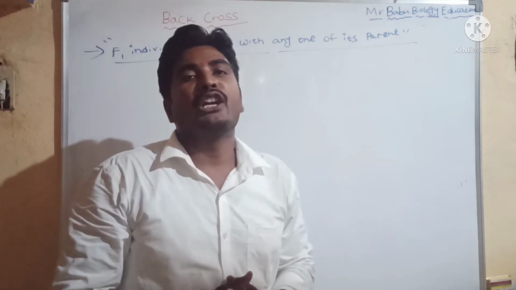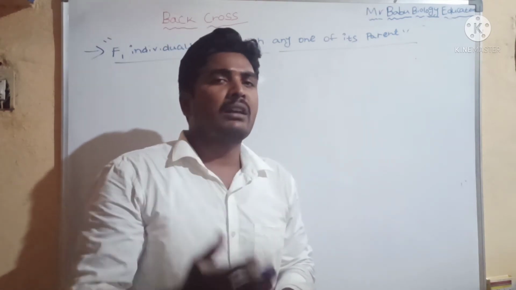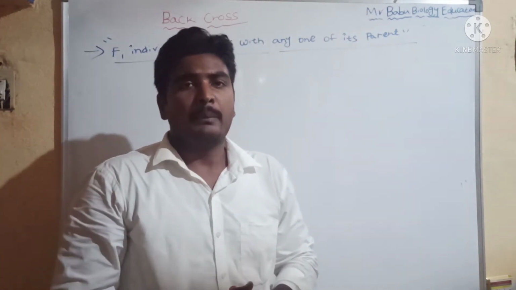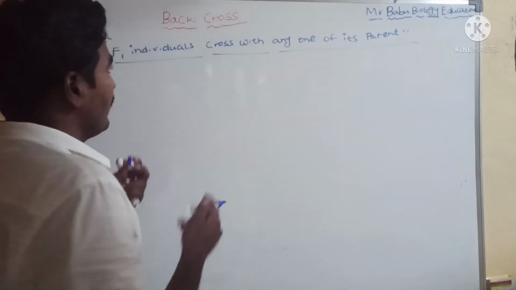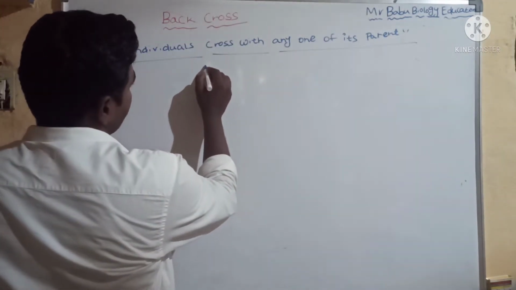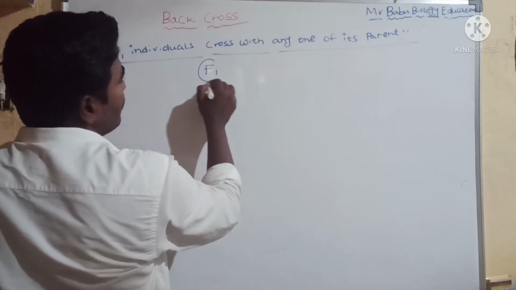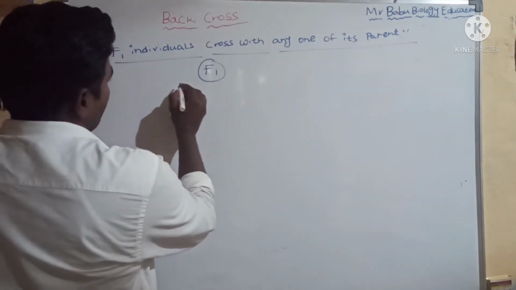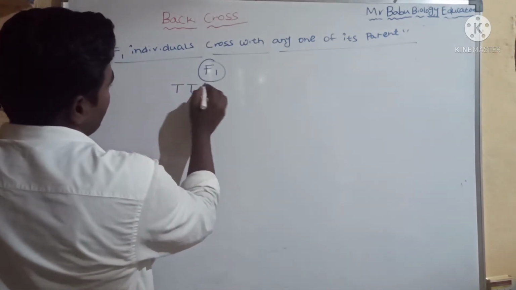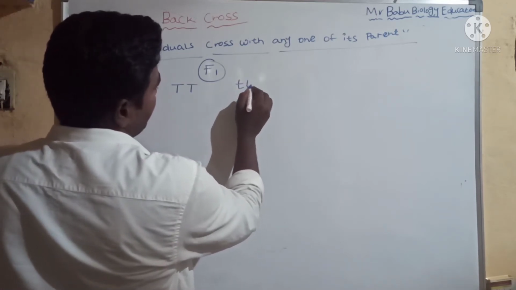Backcross is divided into two types: dominant backcross and recessive backcross. How do you get the F1 individuals? This is the tall pea plant, and this is a dwarf.